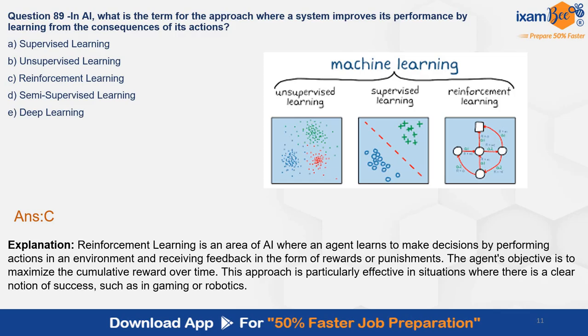The purpose is to maximize the cumulative reward. We can see it in different areas like autonomous vehicles, where we use the GPS system for navigating the shortest path. Apart from that, it is also used in robotics, and in the gaming domain reinforcement learning is used a lot.